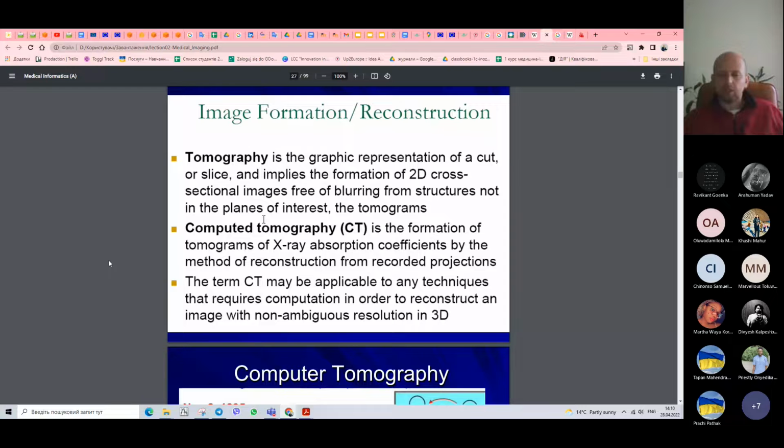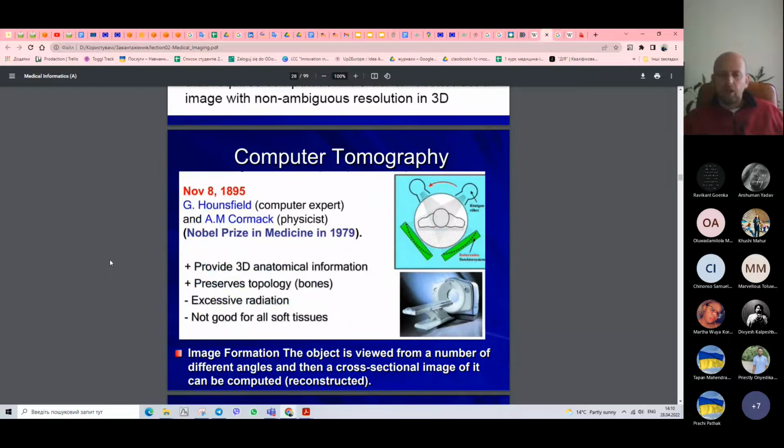non-ambiguous resolution in 3D. How does a computer tomograph work? In these pictures, to begin, you see how a computer tomograph looks in the lower picture. In the first picture, we can find the body.